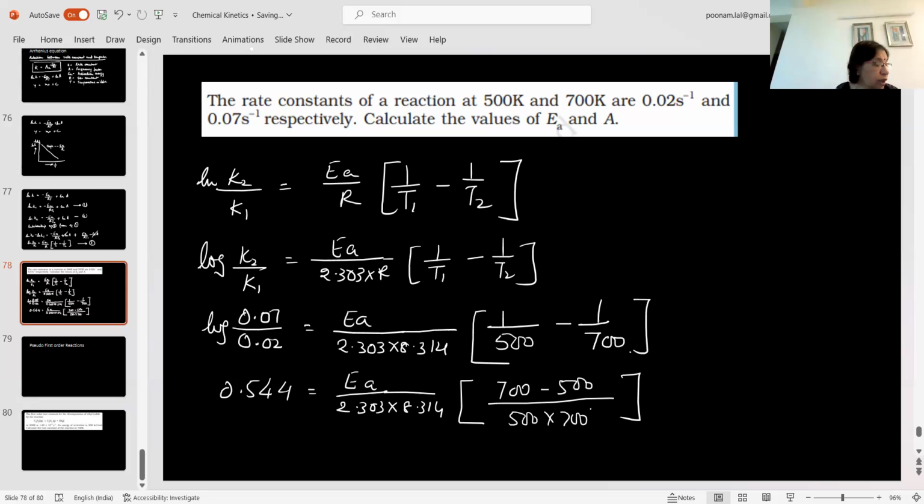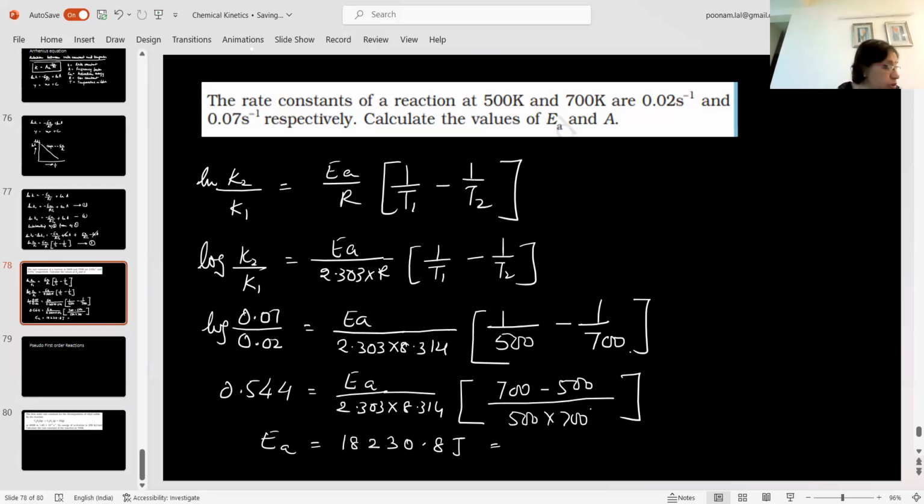So if I do all those calculations, my answer comes to EA will be equal to 18230.8 joules. And you divide it by 1000, so it will become 18.2 kilojoules.